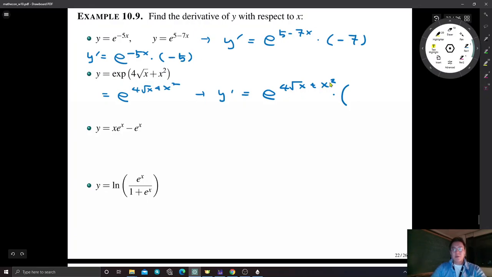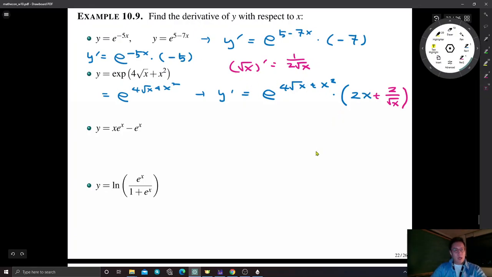So x squared first becomes 2x, and the derivative of a square root of x is, this is easy, so it is useful to remember this formula. Square root of x derivative is 1 over 2 square root of x. So we have 4, constant 4, so 2 over square root of x.